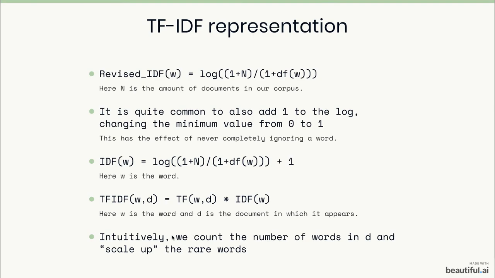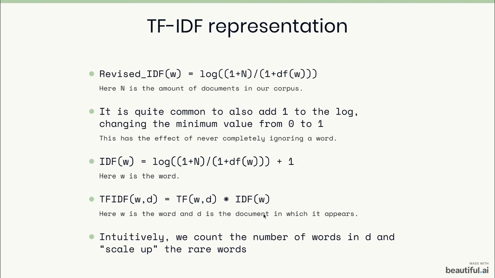Because we added the 1, if a word appears in all of the documents, which means that this inner fraction here would be 1, this IDF value would also be 1: this first term would be 0, as we saw before, and then we add a 1.